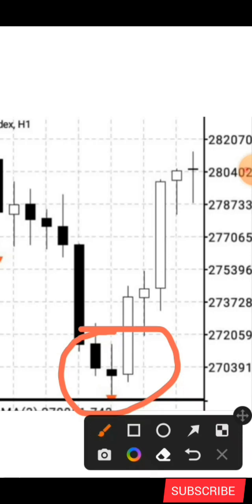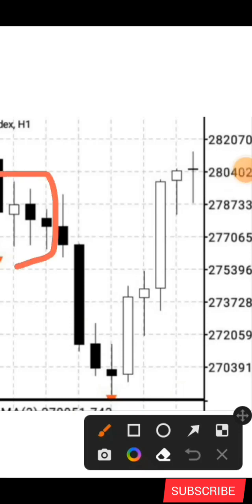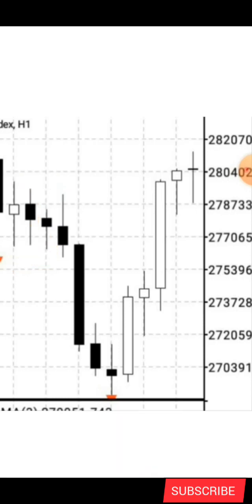Whenever you see it in black color like this, it's called the bearish spinning top. And whenever you see it appear something white like this, it's called the bullish spinning top. So that's how it can appear.